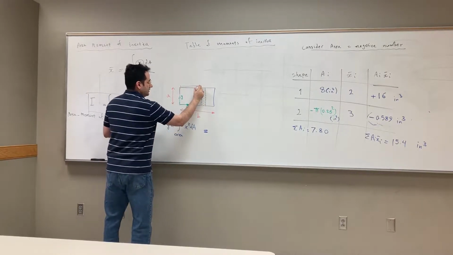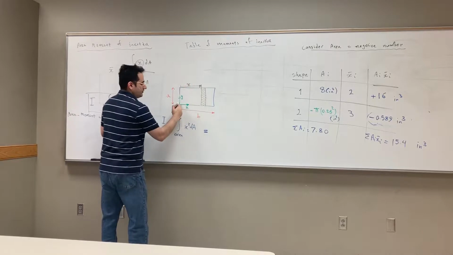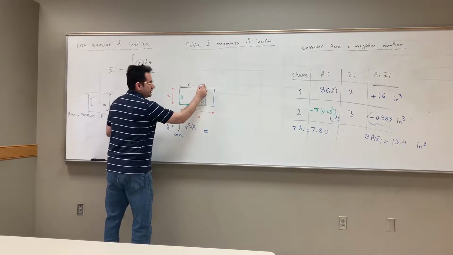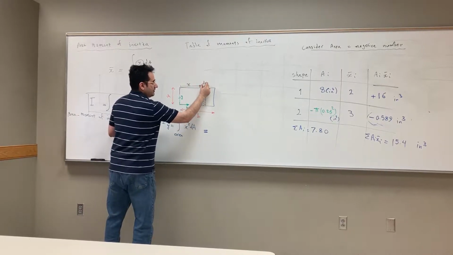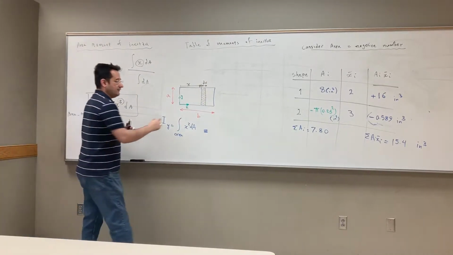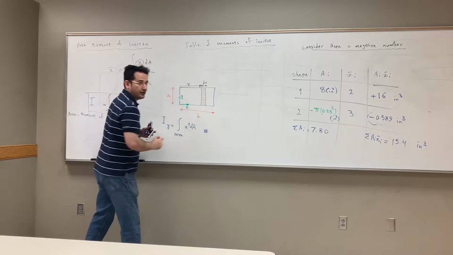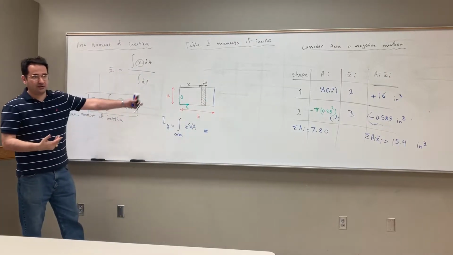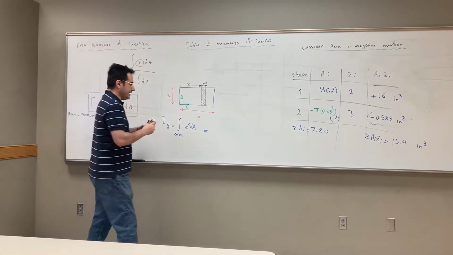So here, x, this x coordinate, and this becomes dx, because this is infinitesimally thin, right? So dx. That's x, that's dx.